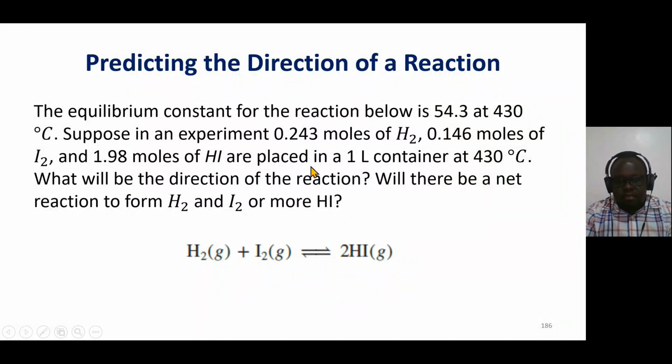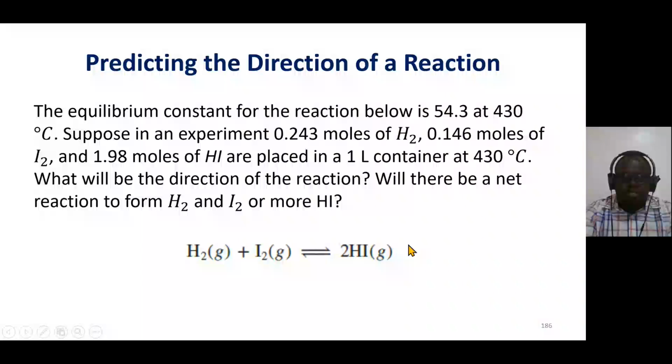These are the moles of these species placed in a 1 liter container at 430 degrees Celsius. So what will be the direction of the reaction? Will there be a net reaction to form hydrogen and iodine or more hydrogen iodide?